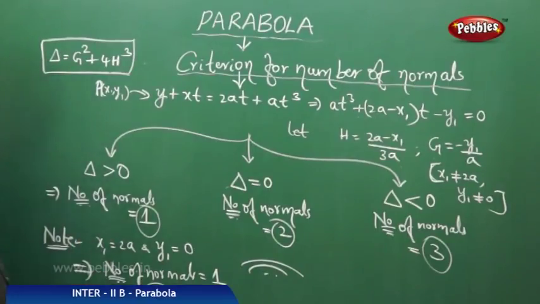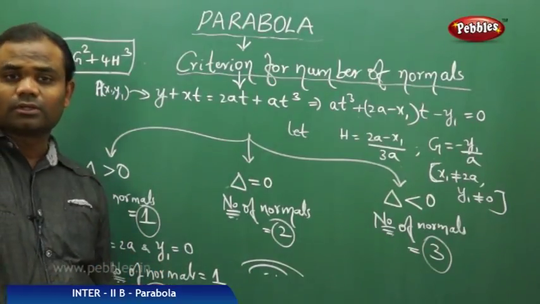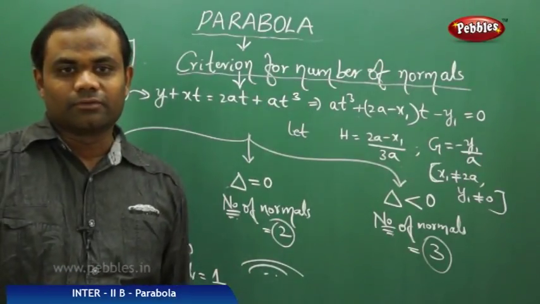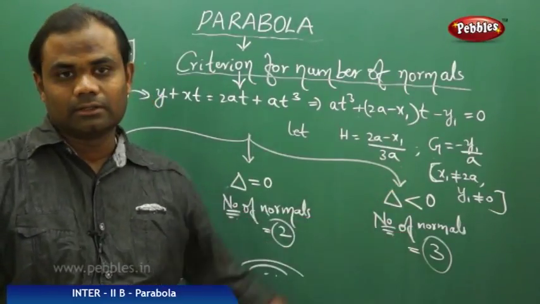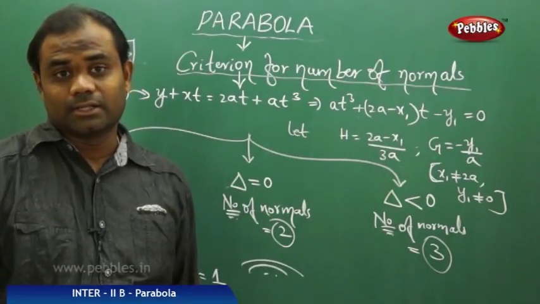So if x1 is equal to 2a and y1 equal to 0, then also the number of normals is 1 as a special case. This is the criterion for the number of normals connected with delta equal to 0, greater than 0 and less than 0.